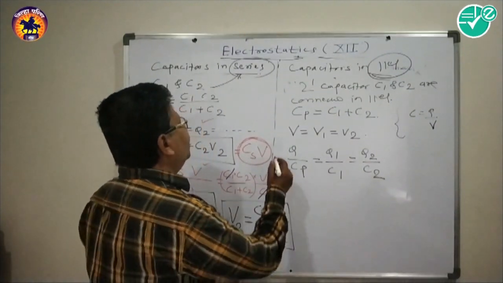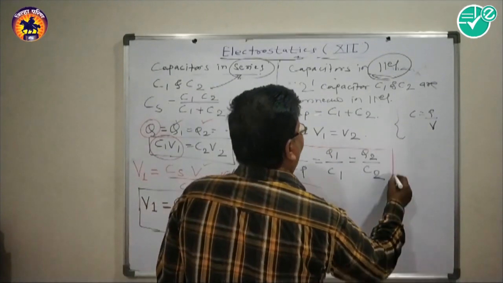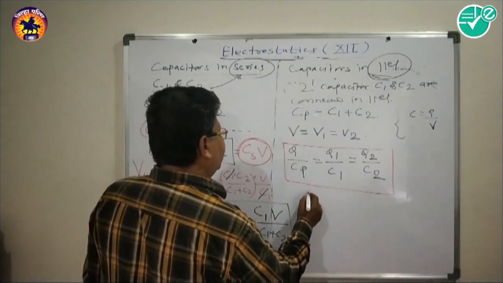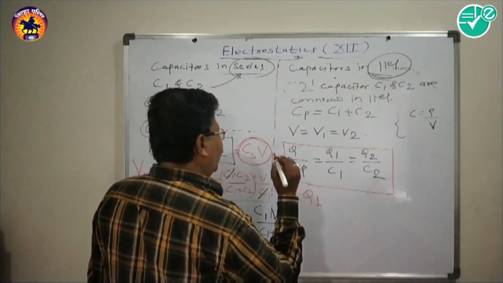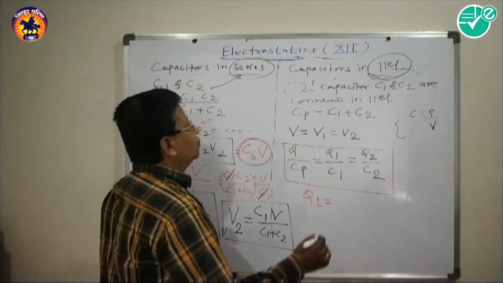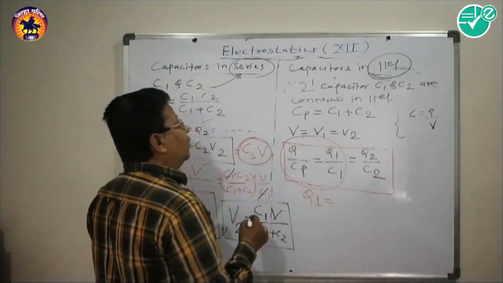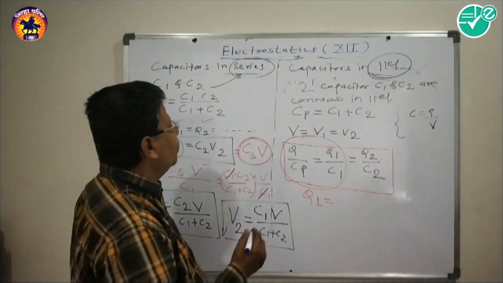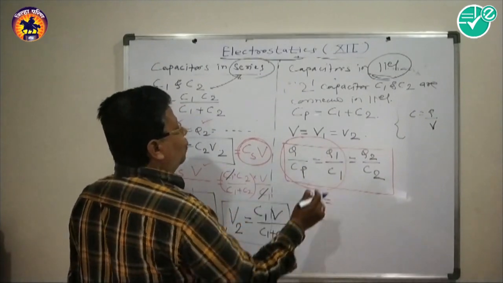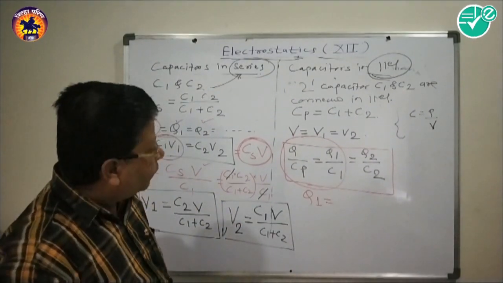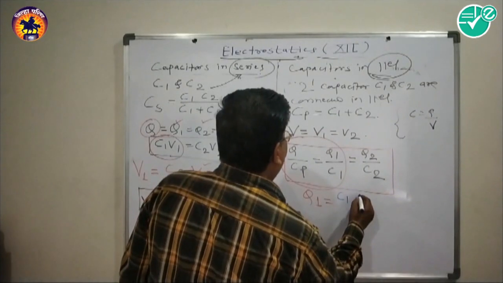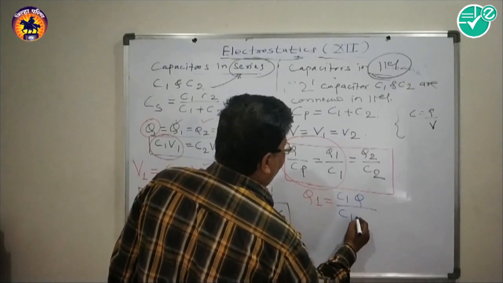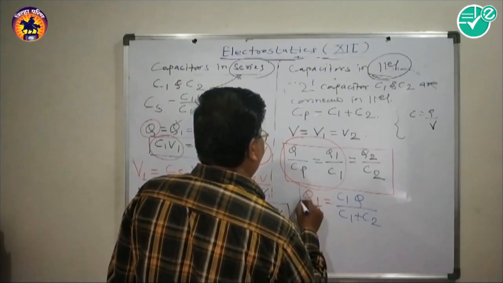And from this expression, again, we can directly find the charge on capacitor C1, which is Q1. So the charge on capacitor C1, which is Q1, is given by Q1 is equal to C1 multiplied by Q divided by Cp, and the value of Cp is C1 plus C2.